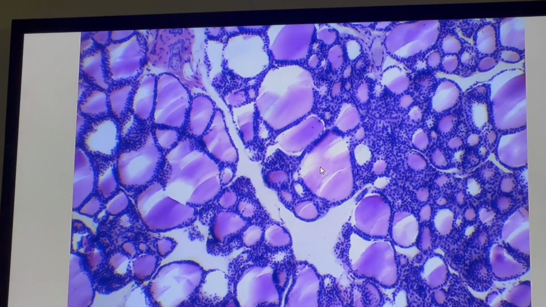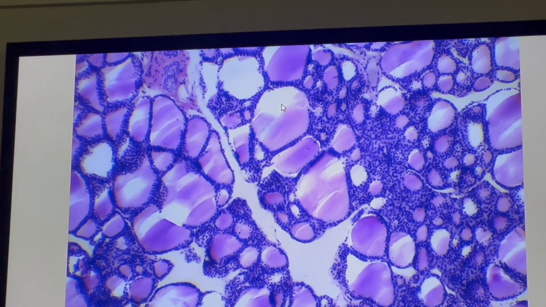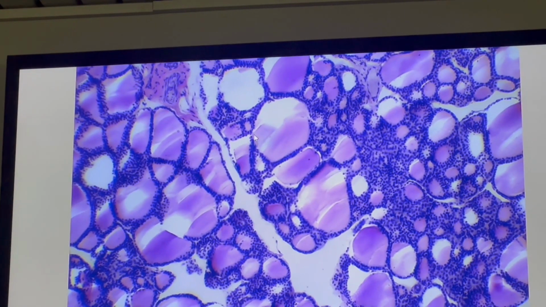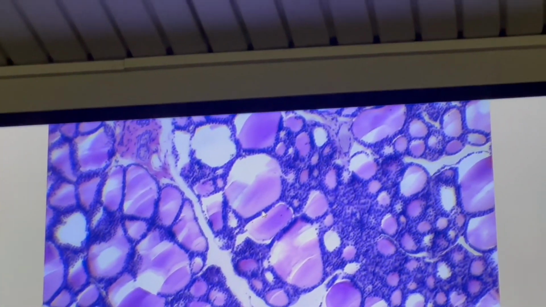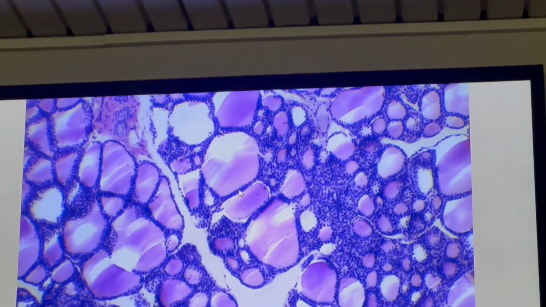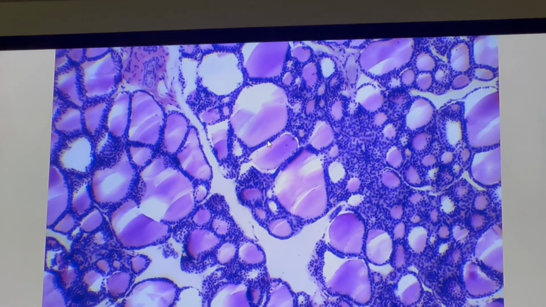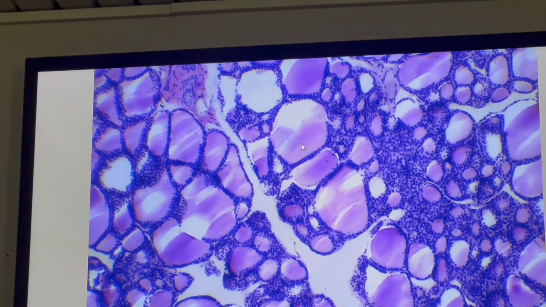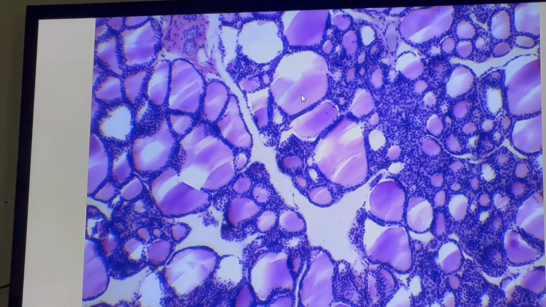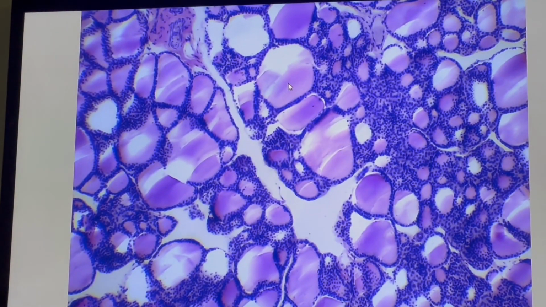We can see the gland consists of spherical structures called thyroid follicles. Each follicle is lined with simple cuboidal epithelium. These cells are called follicular cells. In the center of each follicle, we can see an acidophilic material called thyroglobulin.